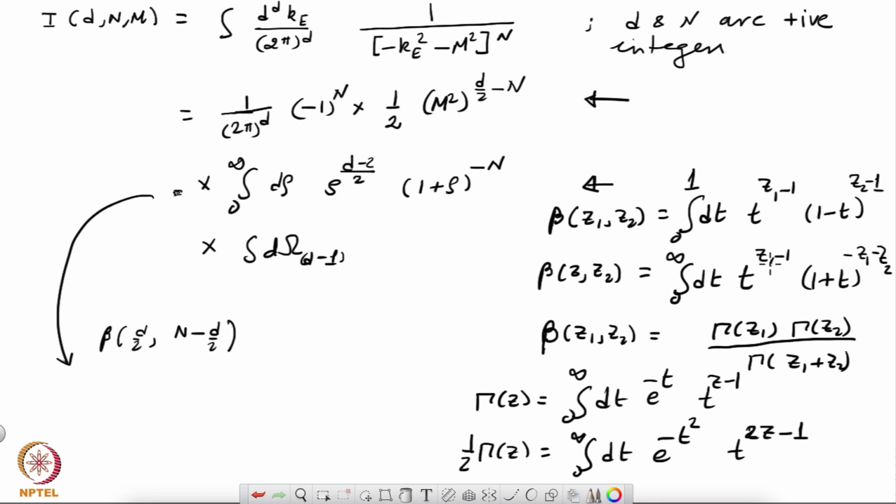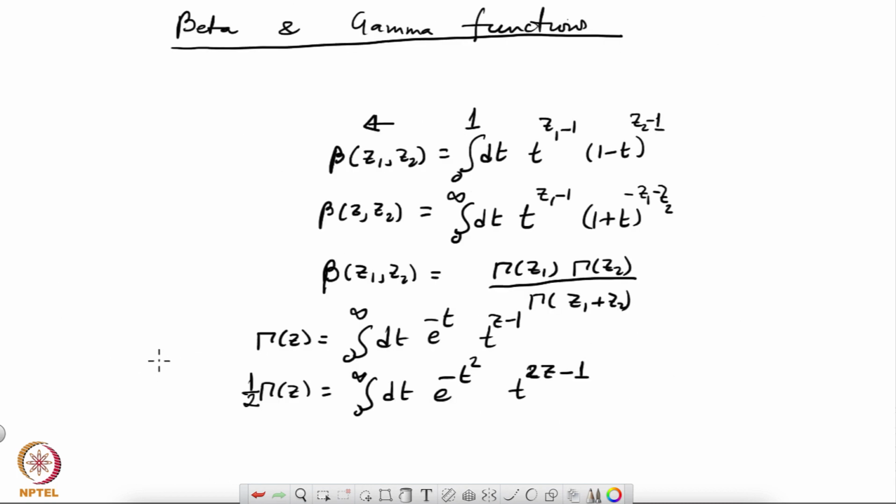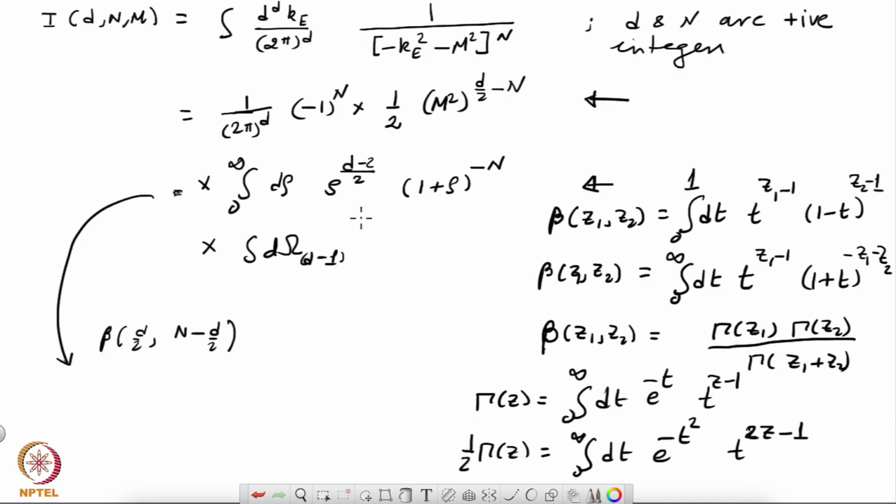So you say that z1 minus 1 is d minus 2 over 2 and minus n is minus z1 minus z2. Then you figure out what z1 and z2 should be and put it here. So that's beta of d over 2 and n minus d over 2.